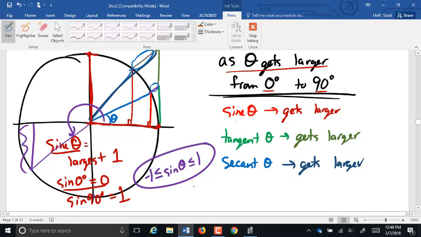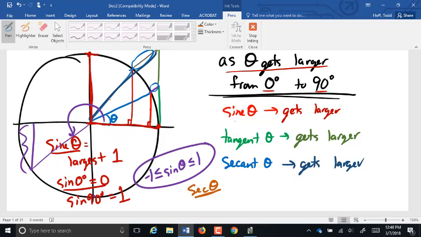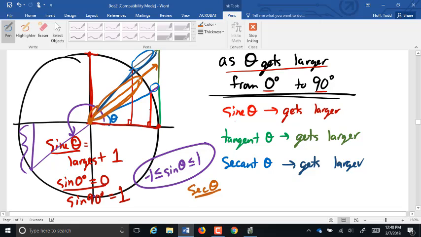Secant. Actually, I'm just going to abbreviate it, SEC of an angle. What do we know about the size of the secant? Could I have a secant of 0.75? The secant starts here and it goes to the edge of the circle and it has to continue outside of the circle. What's the distance from here to here? 1.